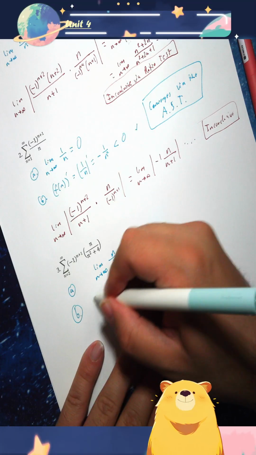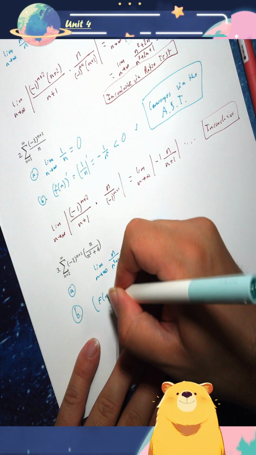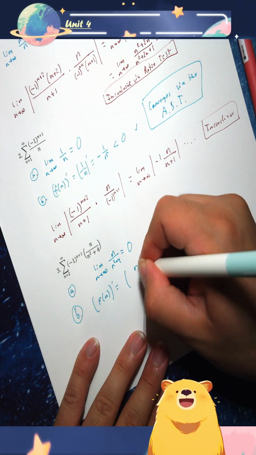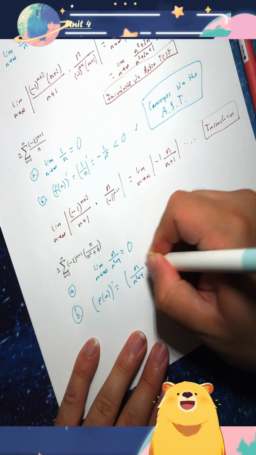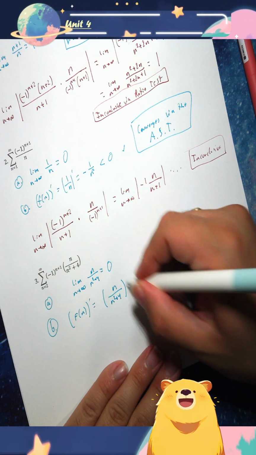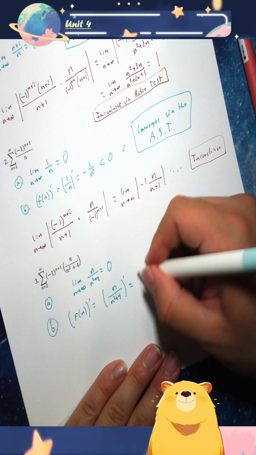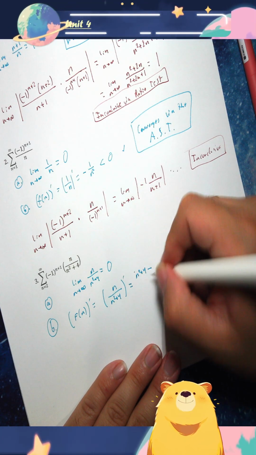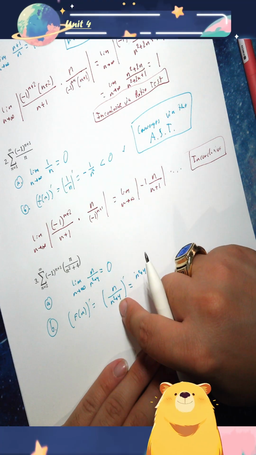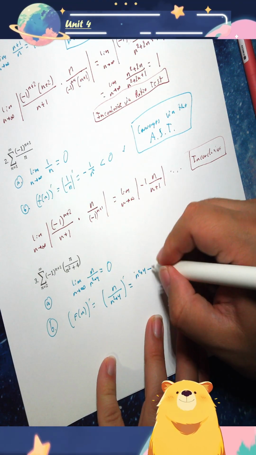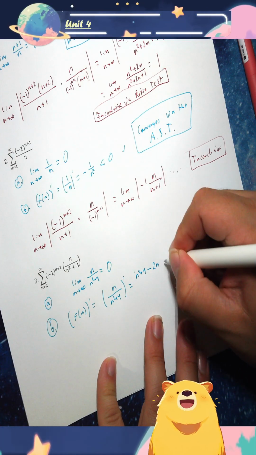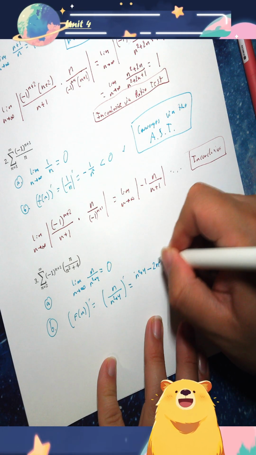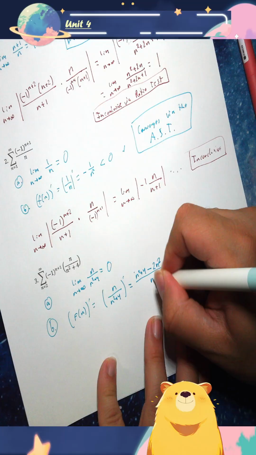I could do the derivative. I'm down for derivative. Let's do f of n, we have n over n squared plus 4. The derivative of the top is 1, so 1 times n squared plus 4, then minus the derivative of the bottom, which is just 2n, times the top, which makes that 2n squared, over n squared plus 4 squared.